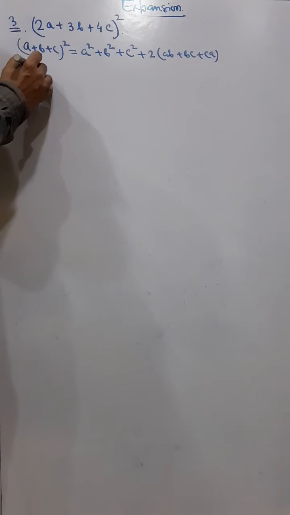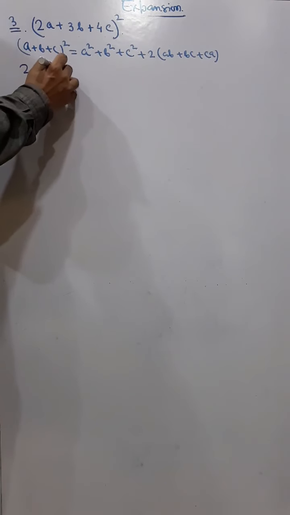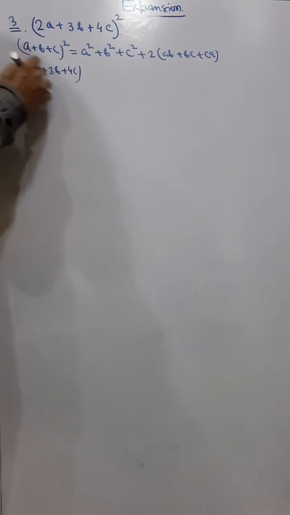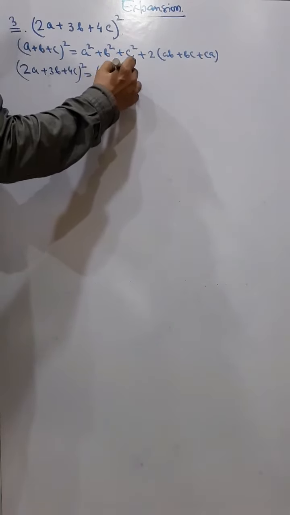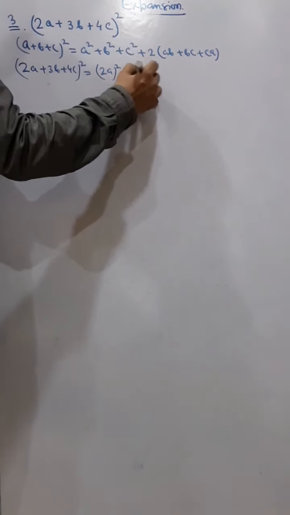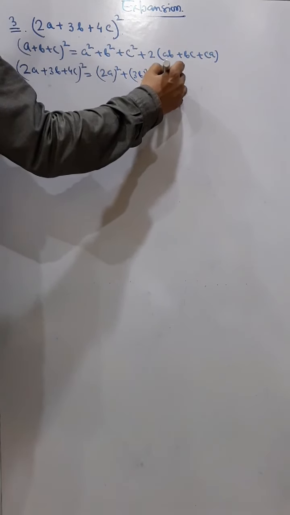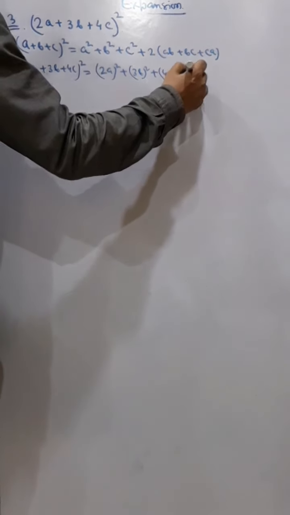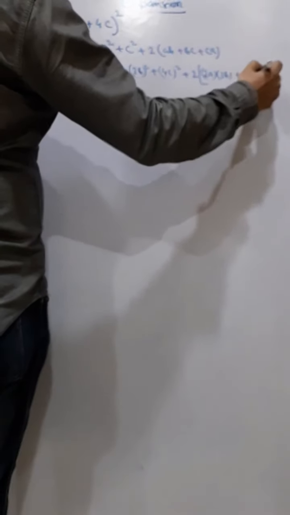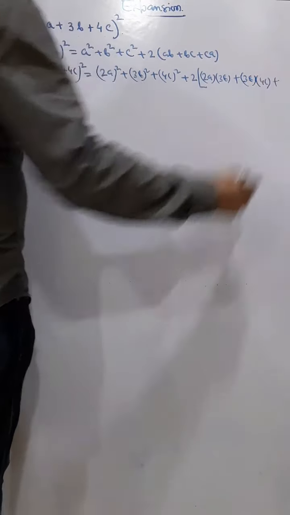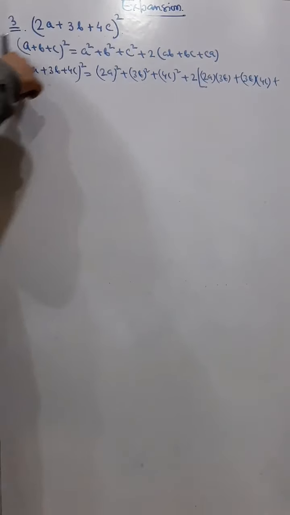So (2a plus 3b plus 4c) whole square. We get what? A square plus b square plus c square, then plus 2 into ab. ab means 2a into 3b, plus bc. bc means 3b into 4c, and plus ca means 4c into 2a.